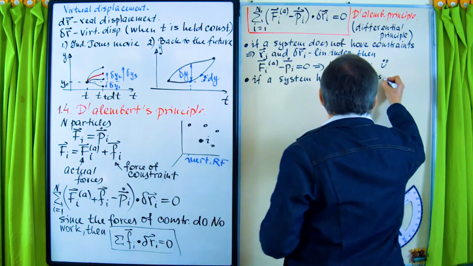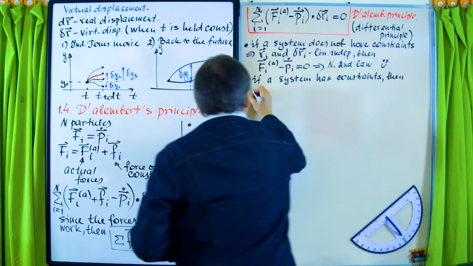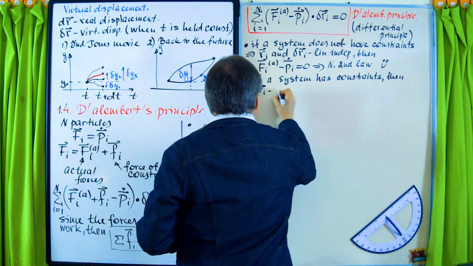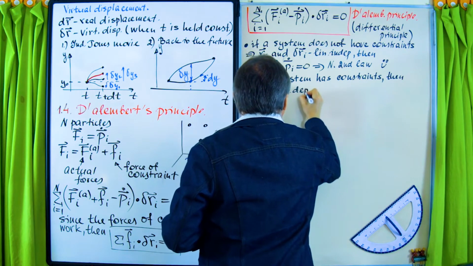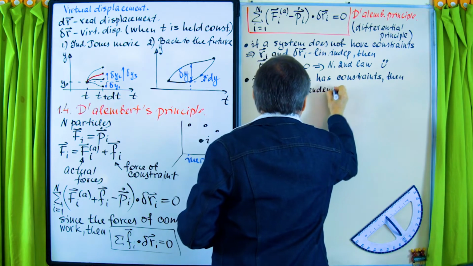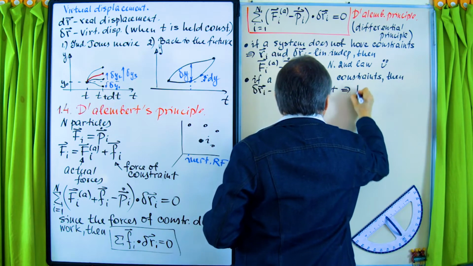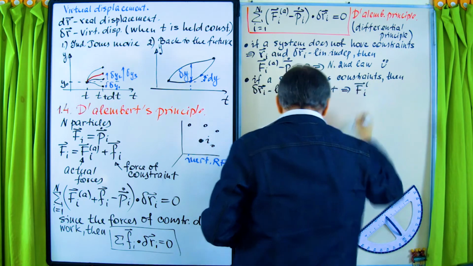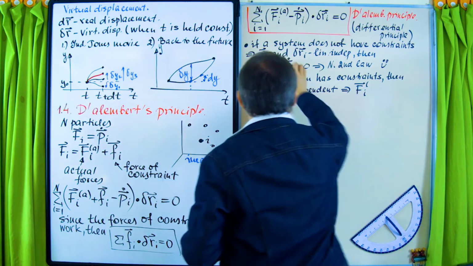If the system has constraints, then delta Ri are linearly dependent. And as a result, we cannot say that Fi, you know what, I'm going to drop that upper script, it's getting annoying.